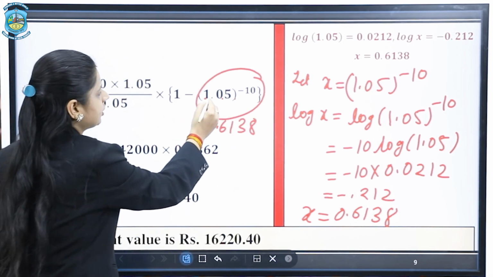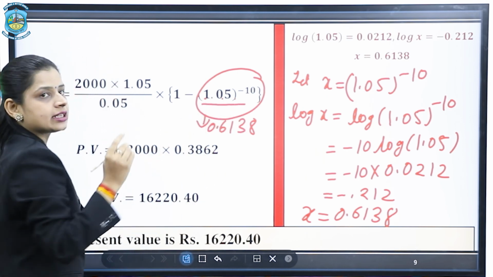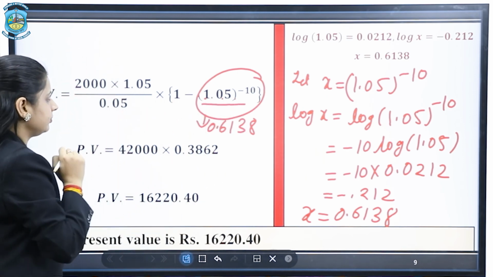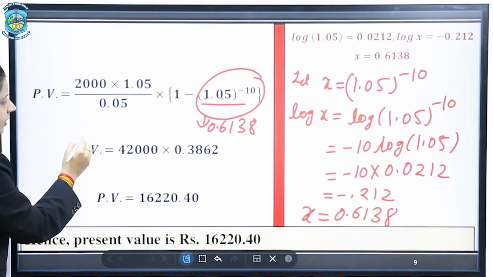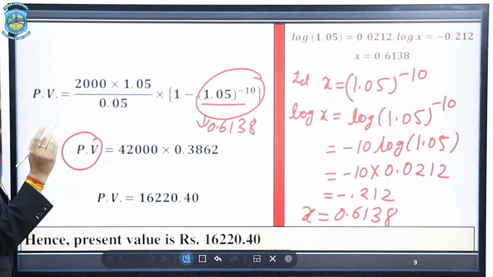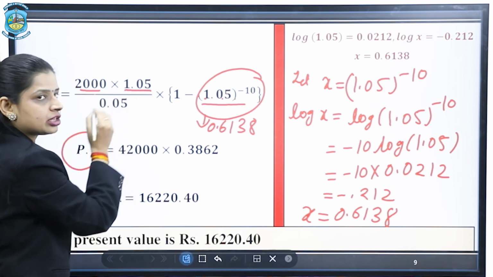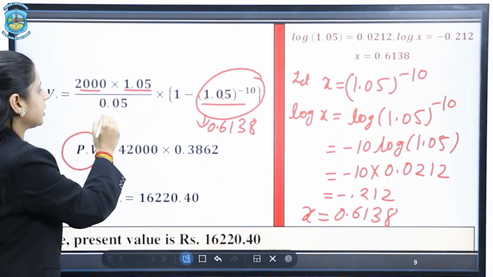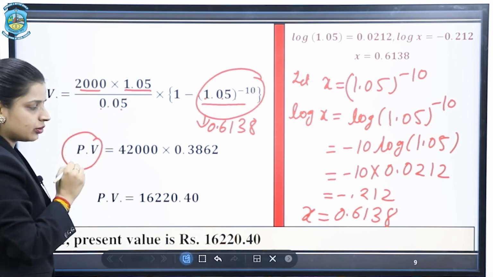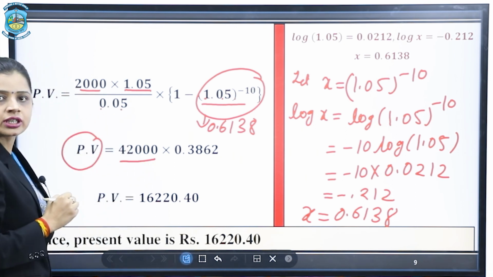So first we'll substitute that value here and subtract it from 1. So the present value of this annuity is, we multiply this 2000 with 1.05 and then divide it with 0.05, we get 42,000.